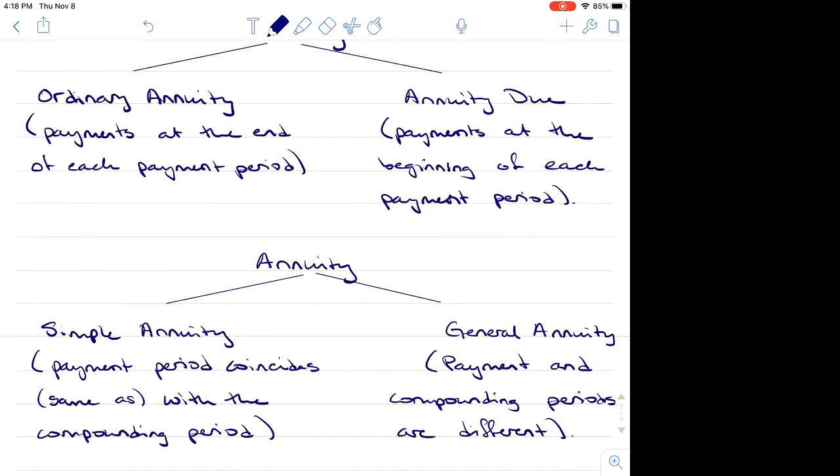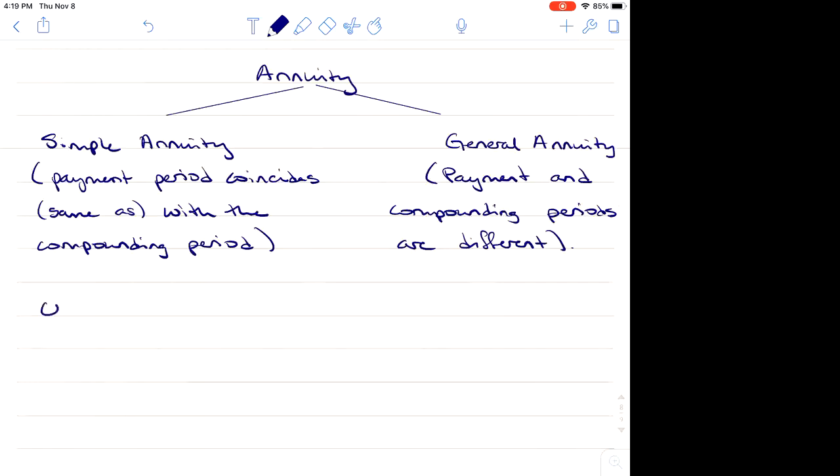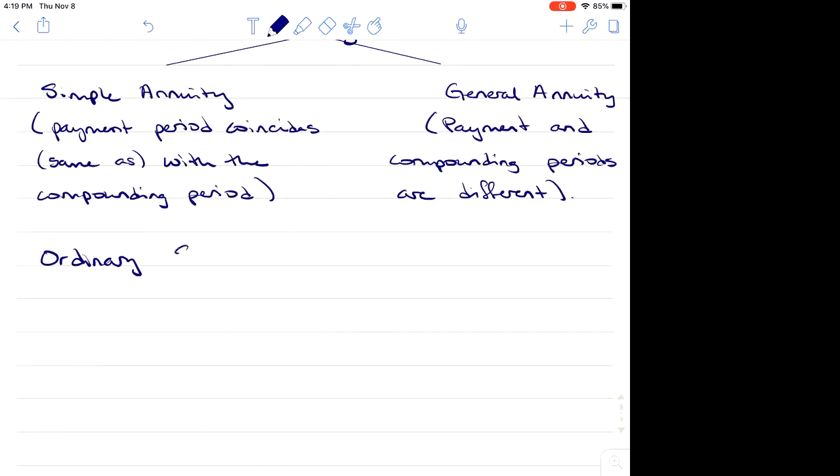Even though we could do general annuities right away, because all we'd have to do is change the compounding frequency to the payment frequency, we'll move to that next day. First, we'll start with ordinary, simple annuities.